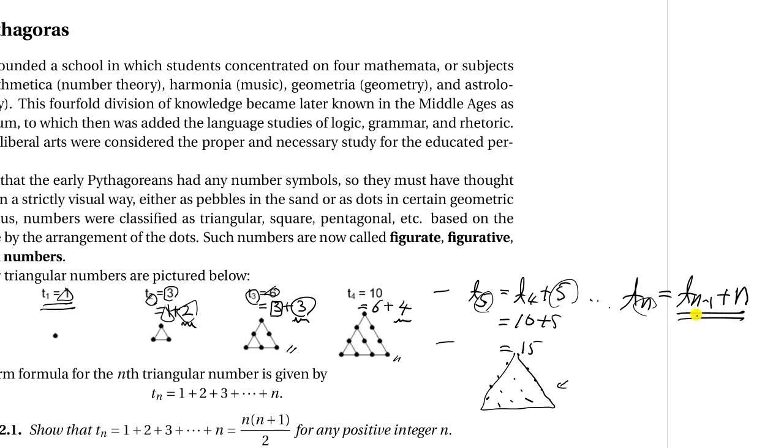But one bad thing about this is that to calculate Tn, we should know what Tn minus 1 is. And to get Tn minus 1, we have to know what Tn minus 2 is, right? So we have to start from the beginning to get anything, right? You cannot get it directly. So the question is, can you find another formula for Tn, for arbitrary n, that we can calculate right away without knowing the previous value in the sequence?